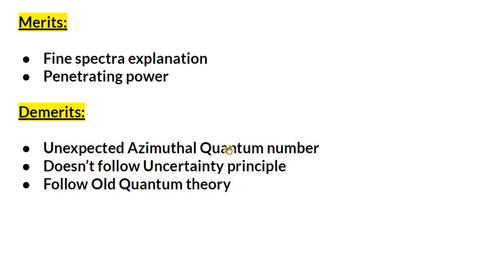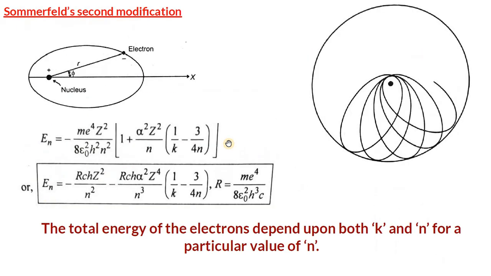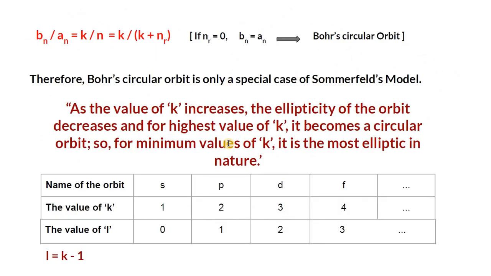Then the Sommerfeld model has an azimuthal quantum number k, but the actual azimuthal quantum number is L. To understand that, let me go to this slide. From the Sommerfeld model we get the azimuthal quantum number k, with values 1, 2, 3, 4 and so on. But from Schrodinger wave mechanics, that is modern quantum theory, which is much more correct, we get the exact azimuthal quantum number L, and k and L are related like this: L equals k minus 1.